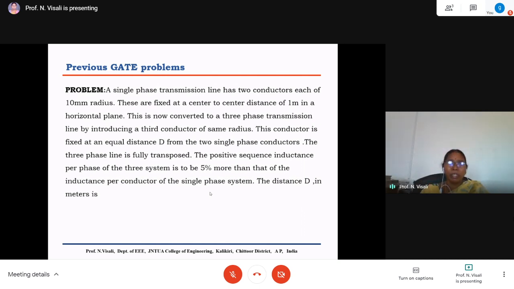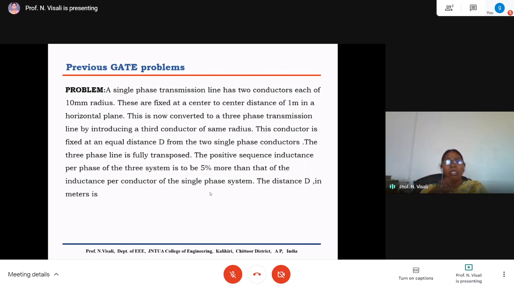This conductor is fixed at an equal distance D from the two single phase conductors. That means the incoming conductor is connected to these two existing conductors with equal spacing, which is nothing but an equilateral triangle. So the three phase line is fully transposed with symmetrical spacing.